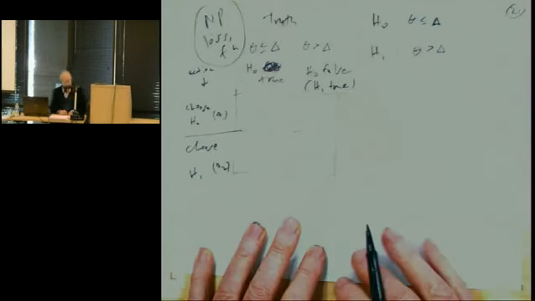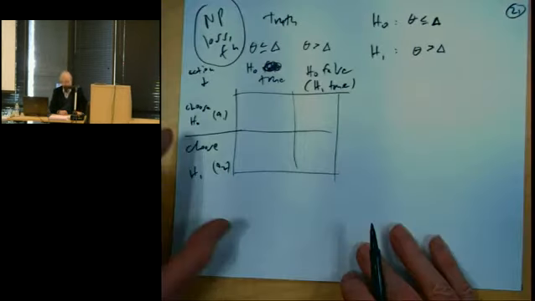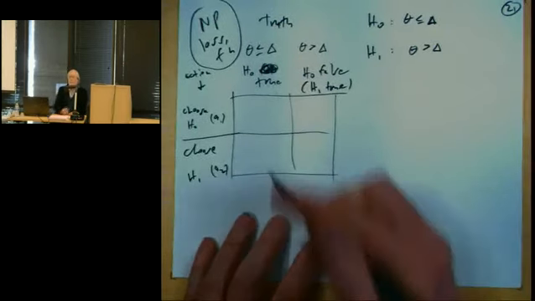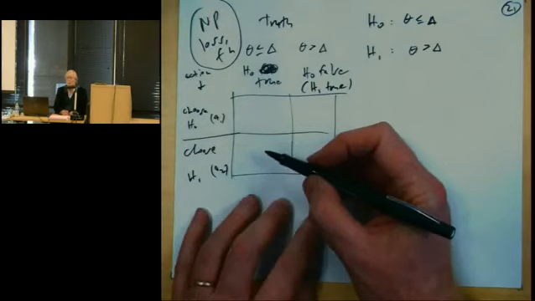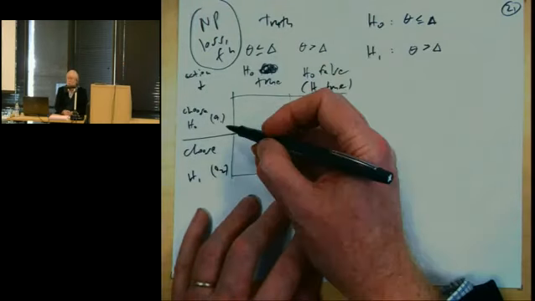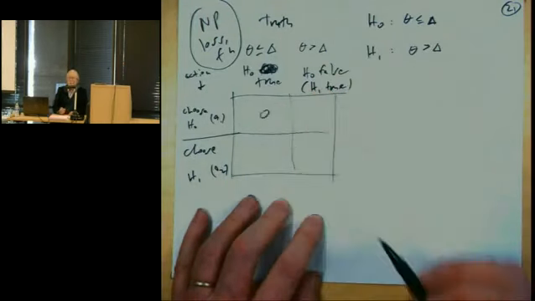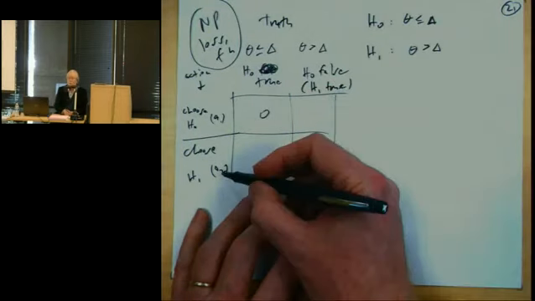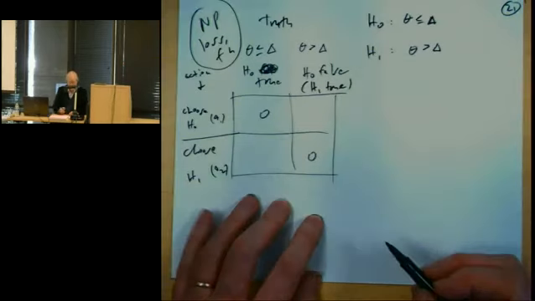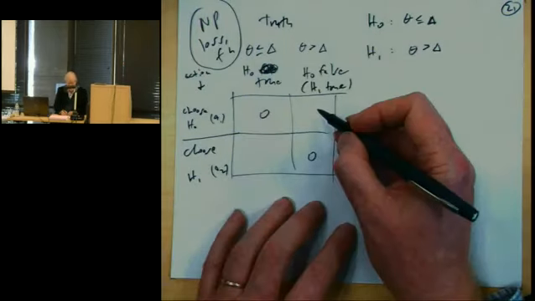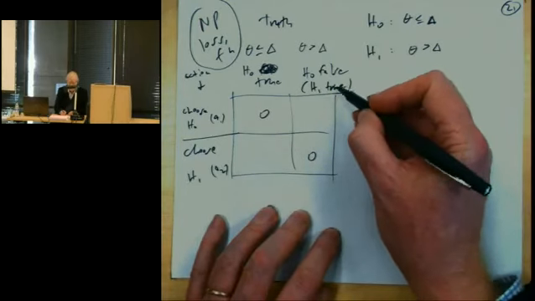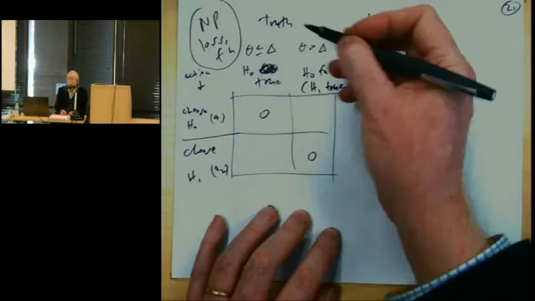How much do you lose when you choose H0 and H0 is true, according to Neyman and Pearson? Is that correct or incorrect? H0 is true and you chose it. It's correct, so you lose nothing. Similarly, down here, H0 is false, and you chose H1. You lose nothing. In this box here, the truth is that you should have chosen H1, but actually you stuck with H0.